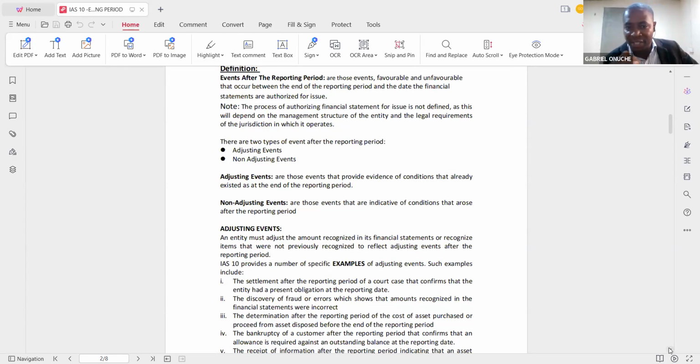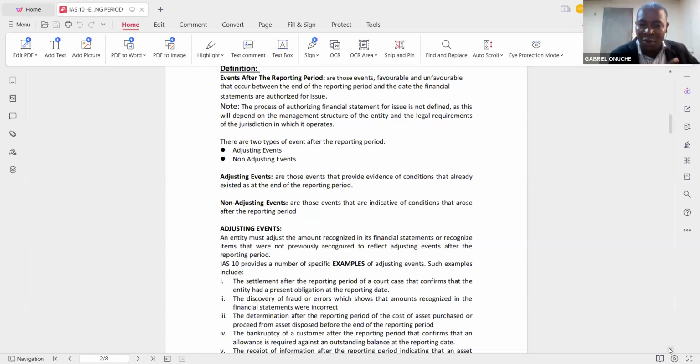Let's take a look at definition of terms. But before the definition of terms, I want to explain what the period we are looking at means. Please, let's listen to this analogy. When we say the end of the reporting period, it means the financial year end of an entity.